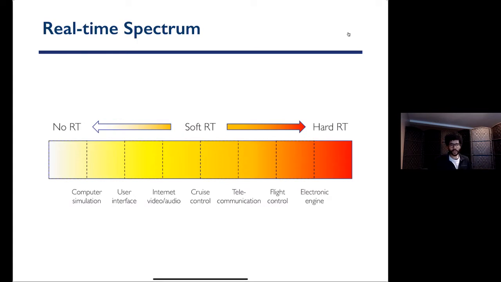So we have a spectrum of real-time systems. In the graphic that you're seeing, the left-hand side is basically no real-time system, where we have our usual everyday systems. Your computer is not a real-time system, for example, although it might have some components that have timing constraints.